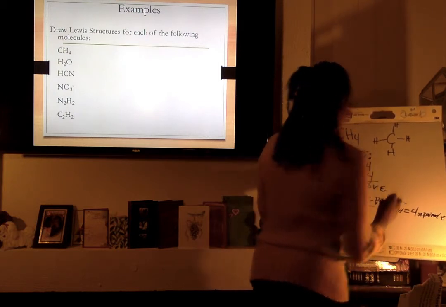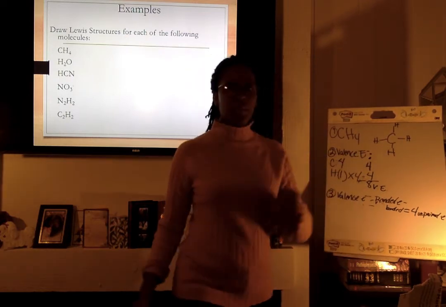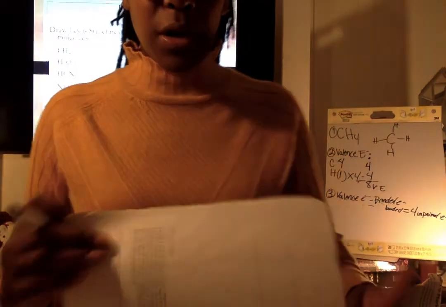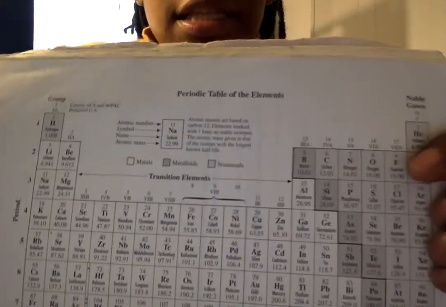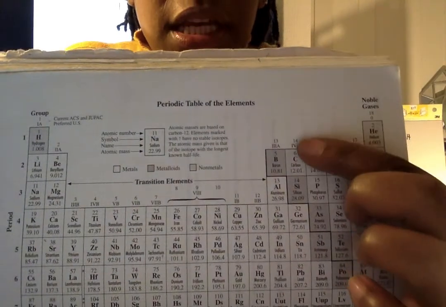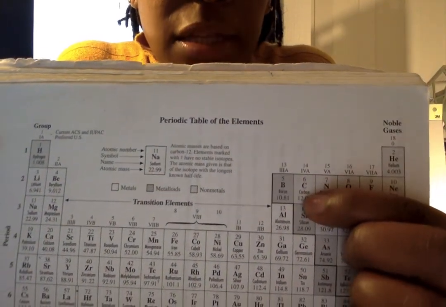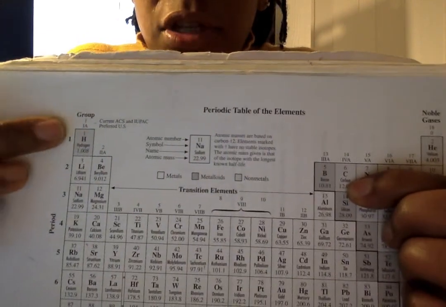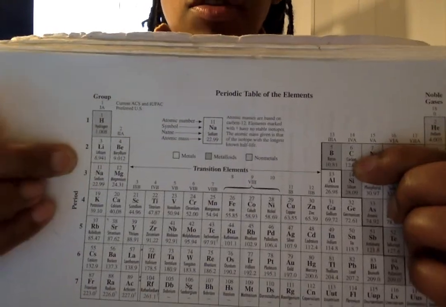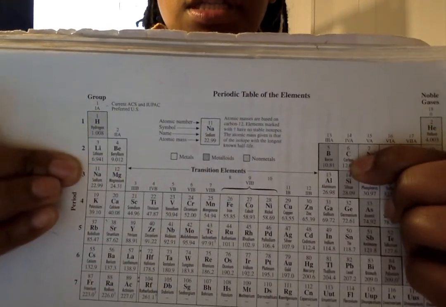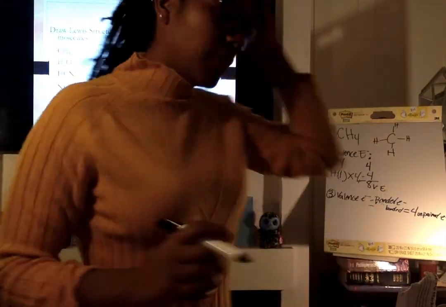electrons total, right? Because we have 4 for carbon when you look at the periodic table, right? So remember, don't forget, and I'm just going to mention this again, you want to look at the row that carbon's in, it's in the 4 here, right? So that means it has 4 valence electrons. Hydrogen has 1. So since there are 4 hydrogens, there are 4 valence electrons plus the 4 carbon valence electrons.